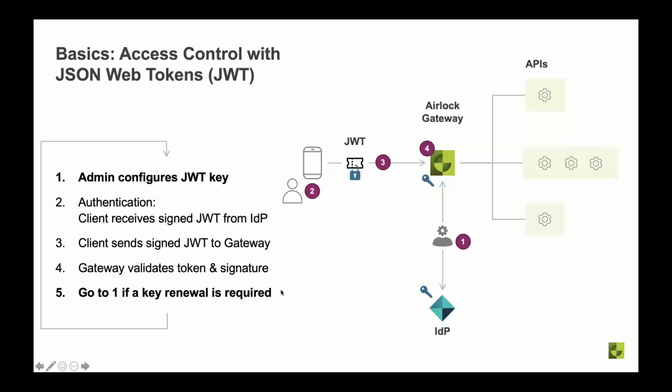And now the critical problem here is if the key for these tokens changes because they're expired, or you have a breach or something, or you just want to rotate keys, then you have to go through all of that again. So you have to reconfigure the key on the gateway.